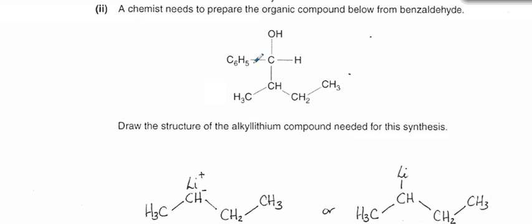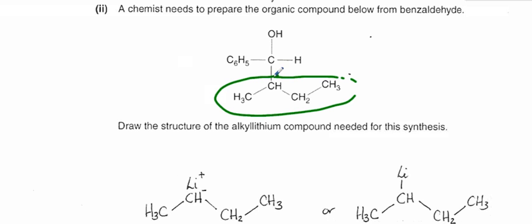So here, going back to our organic product above, this section here, that is equivalent to R. What you know about R from the mechanism above is that R is R minus. It's the R minus from your mechanism.